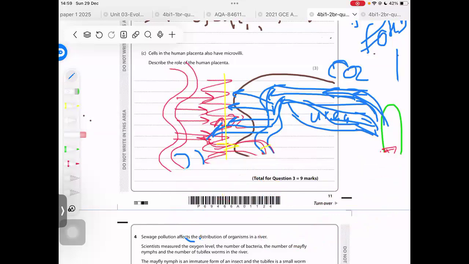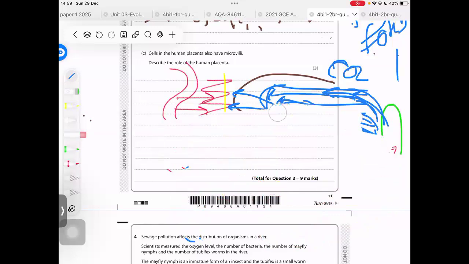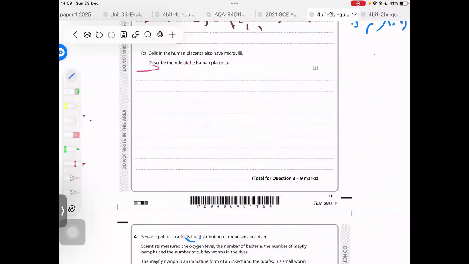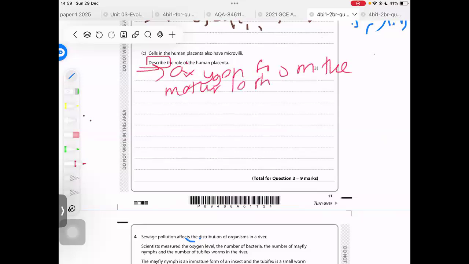So they are asking the role of the human placenta. One role is that oxygen can be transported from the mother to the fetus. That is one function, so write down all the functions. When they say describe, write down everything you know. Oxygen travels from the mother to the fetus through the placenta.